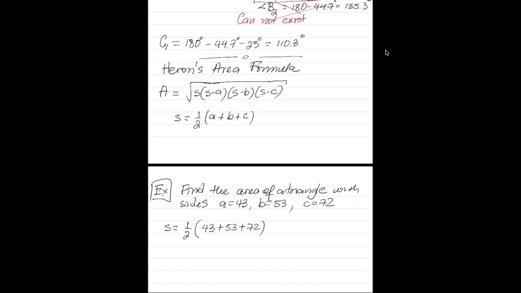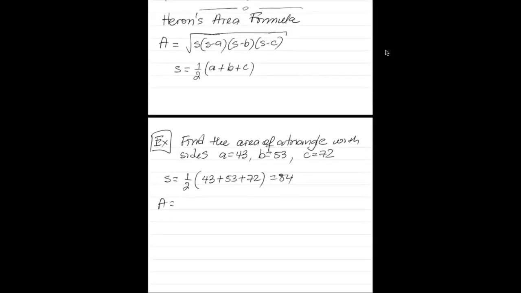You add the sides, divide by 2, and you have 84. Then you substitute in the formula. Square root, first we have s, which is 84, and then 84 minus 43, 84 minus 53, 84 minus 72. Plug this into your calculator, and you should get 1,131.89. And this is the area of the triangle.